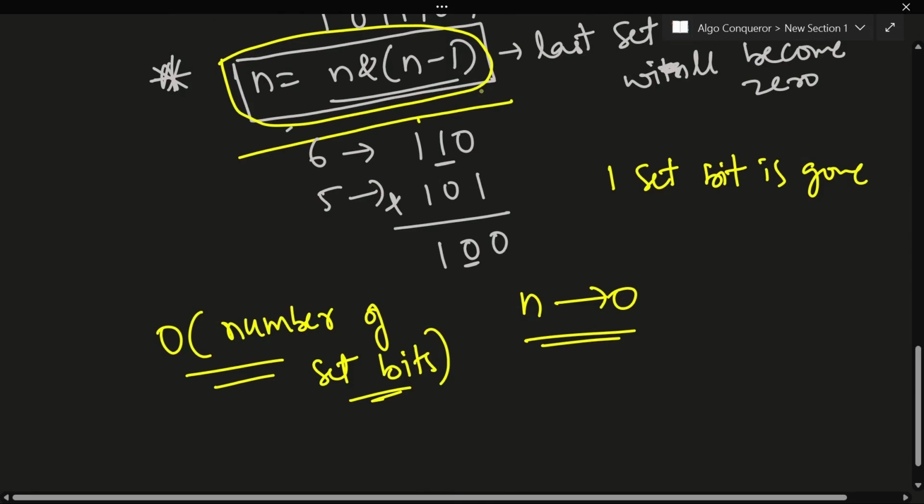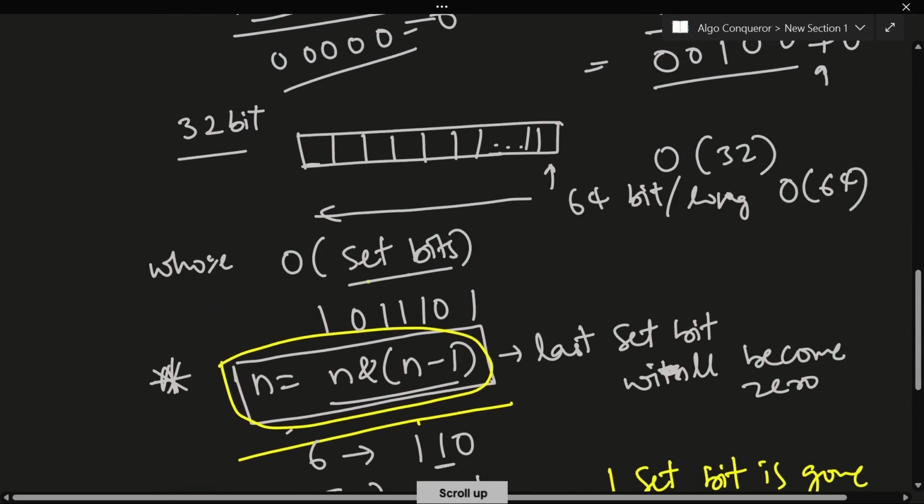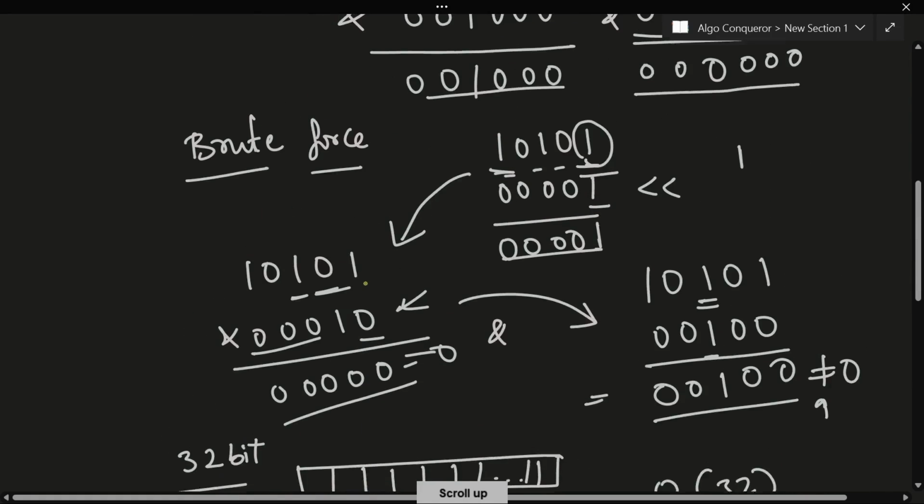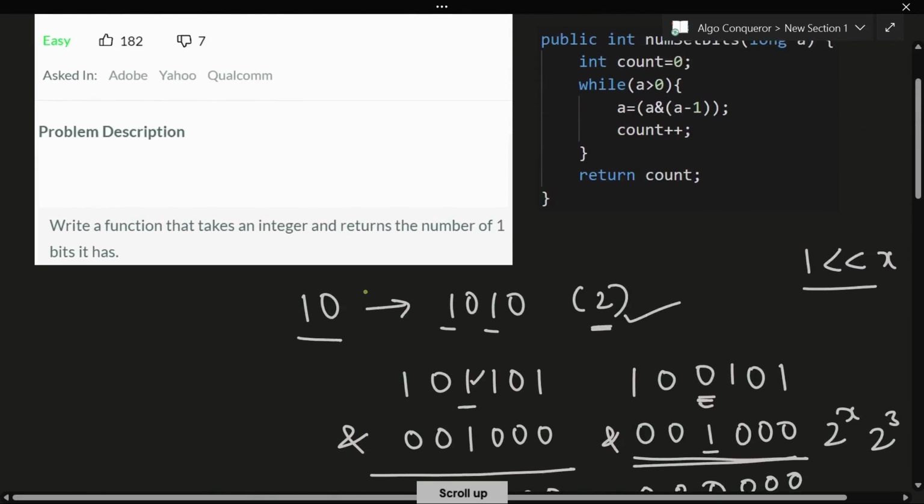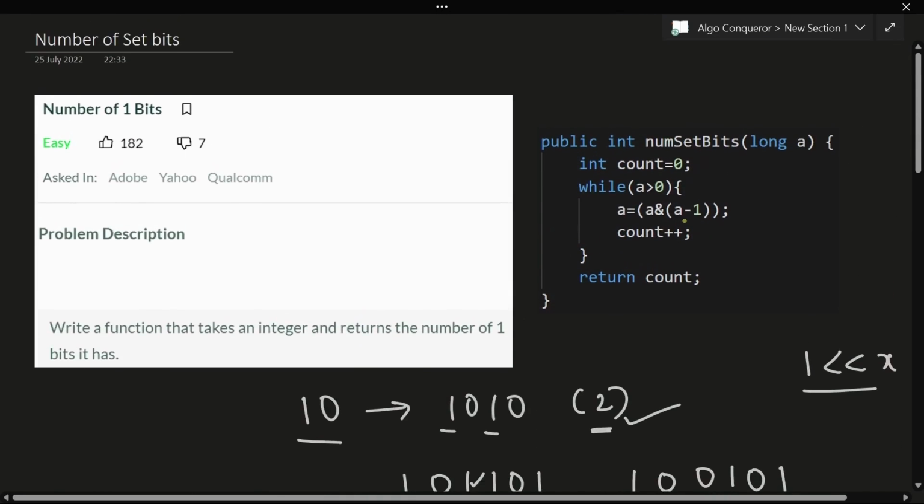So I hope you got the point. Let's look at the code. Here is the code. We are given an integer a, and I'm running a loop until a becomes 0. I am performing the operation as stated before. a is equal to a and a minus 1, and I'm incrementing the count.